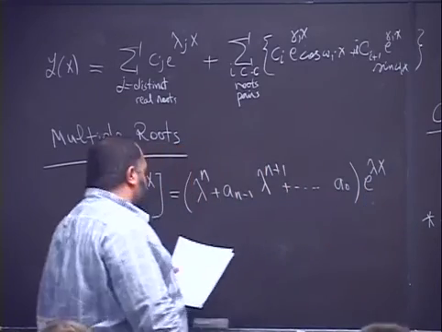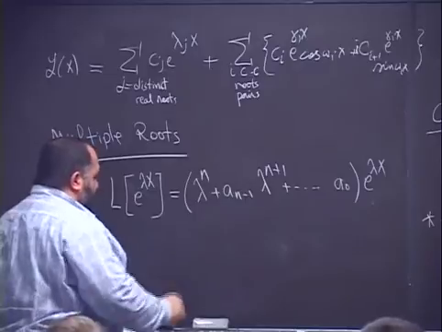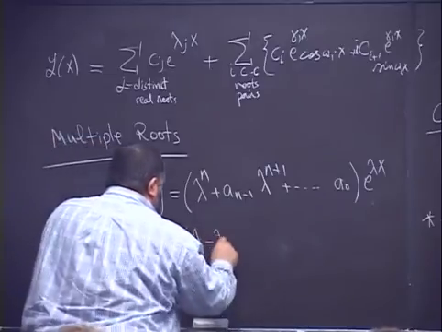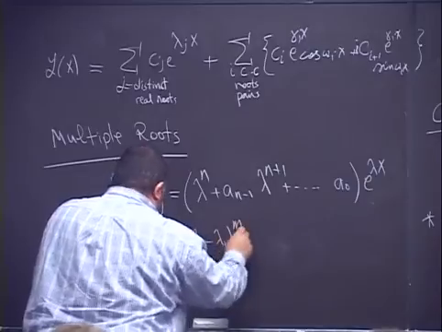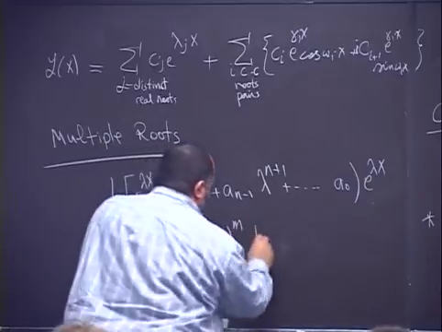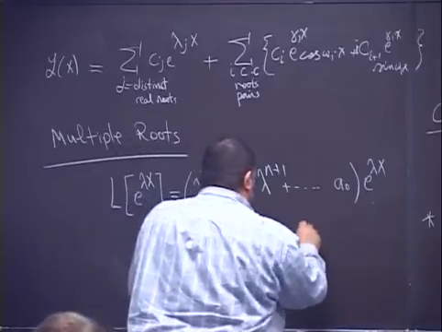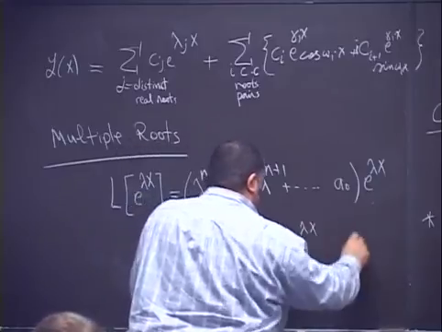This is exactly as before, but we can write this as lambda minus lambda 1 to the power of m multiplied by h of lambda multiplied by e to the power of lambda x, and we'll call this number 1.